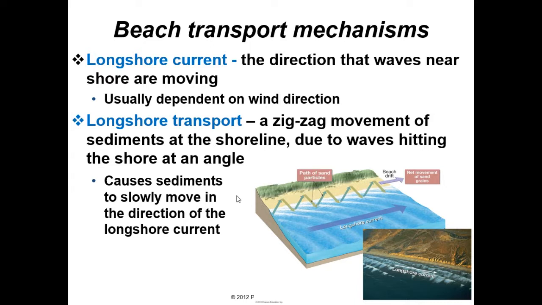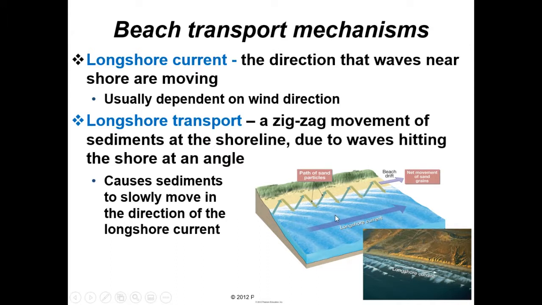With longshore current, in our area generally it's going to be in some sort of westerly, easterly direction because of the westerlies. But what you're seeing here in this picture is the longshore current. You see that the wind is blowing the water at an angle that's different than coming directly onto shore.